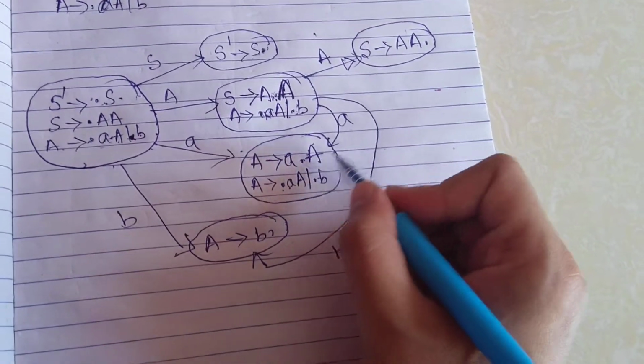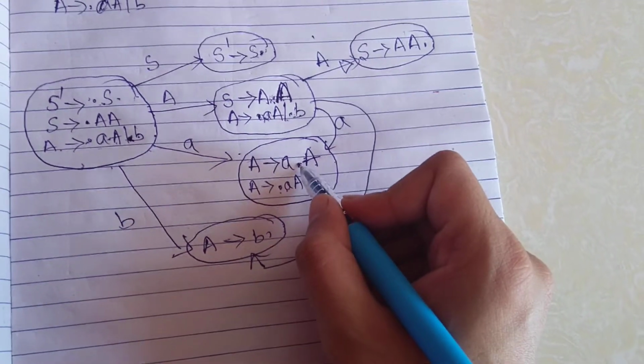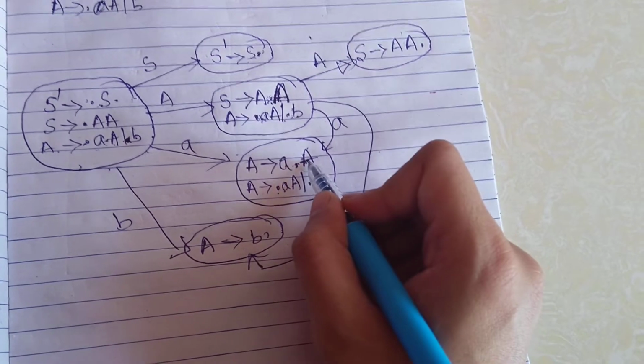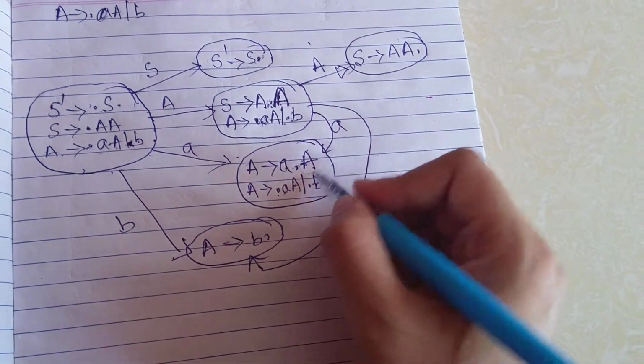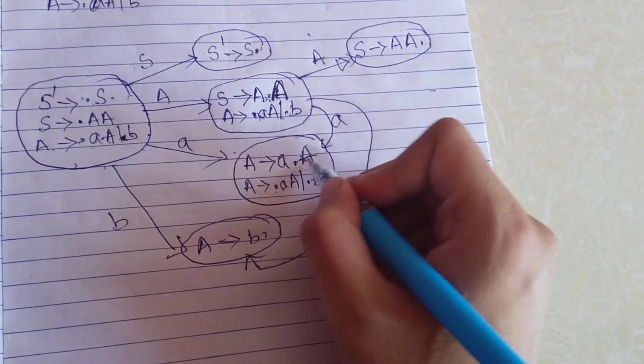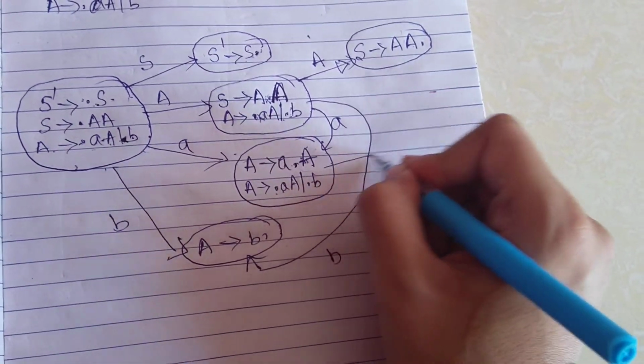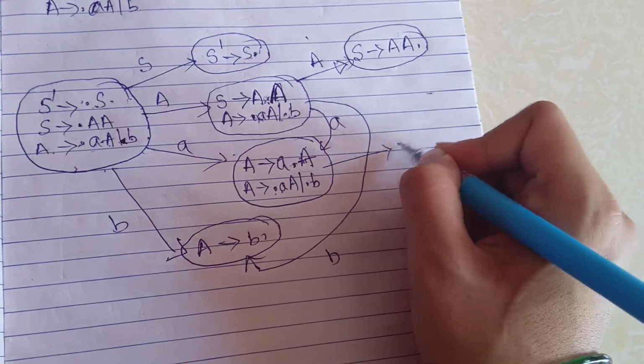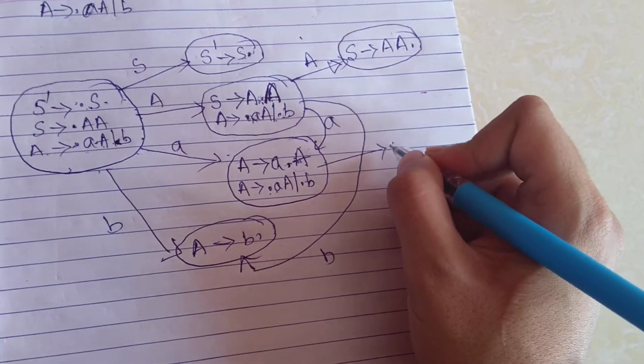Now the same thing here, you need to apply the dot on capital A. The dot on capital A moves to the next state. How do we write the dot on capital A?